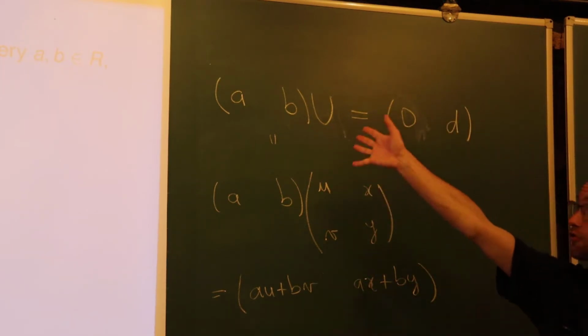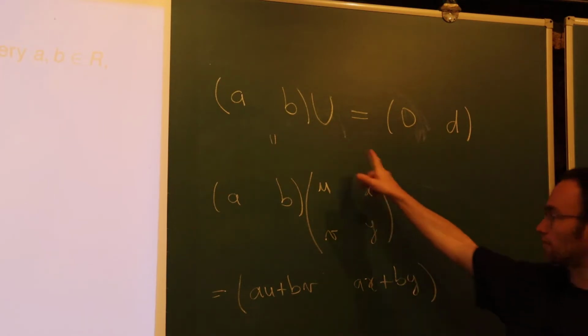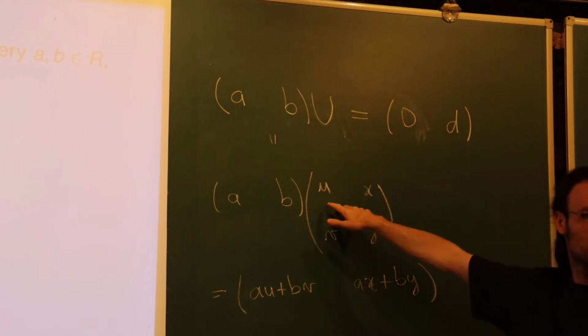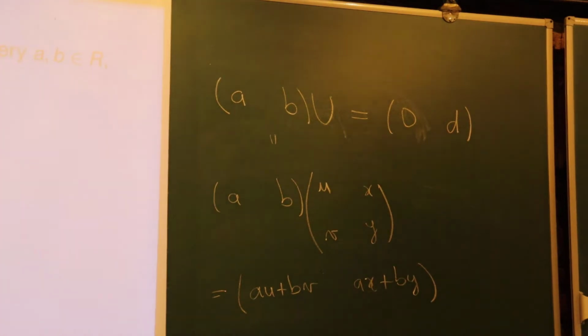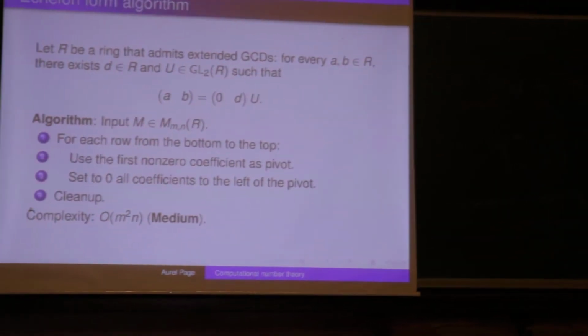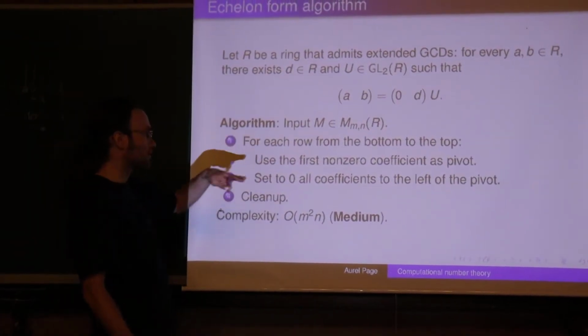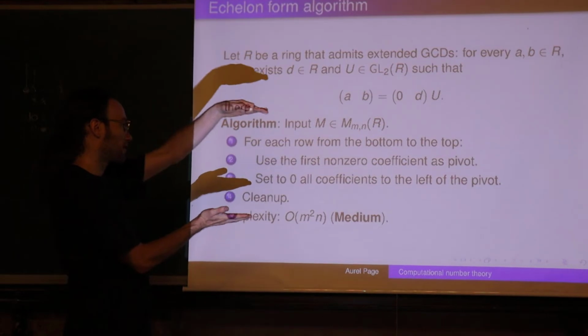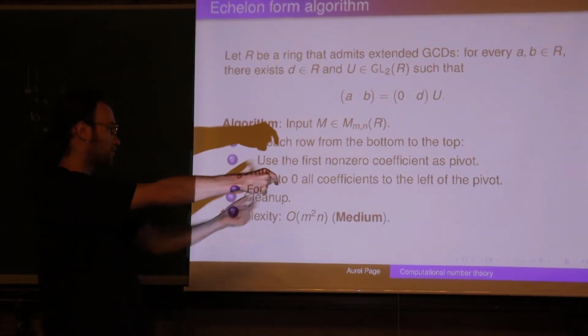If we are in this general setting where you don't make extra assumptions on R, it's not automatic that if you have GCDs, then you have invertible matrices like this that complete this equality. And that's why I put that in the assumptions. And so how do you use this for an algorithm? Well, you consider your matrix, and then you look at each row from the bottom to the top, and you use the first non-zero coefficient as a pivot.